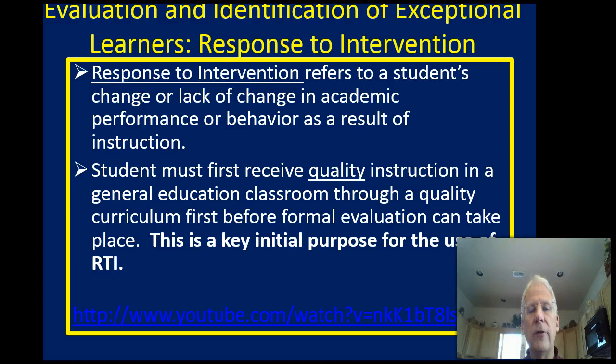All right, so the first thing we look at, if we have a student that's at risk, and I'm going to go to the second arrow in a minute, is that student receiving quality basic instruction in the classroom? That's the second arrow.